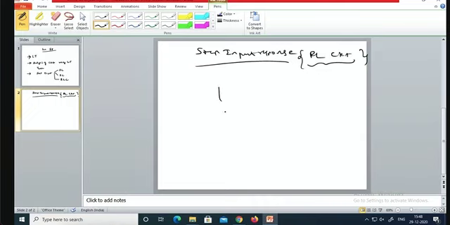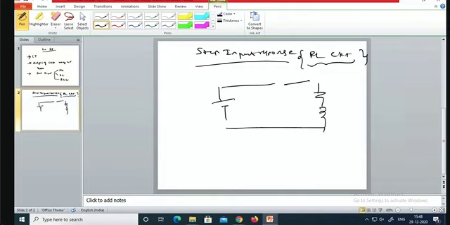Let us have a DC excitation, not the AC excitation. So this is a DC excitation, and you have a circuit like this, R and L, and a switch which is getting closed at t equal to 0, and this is V.